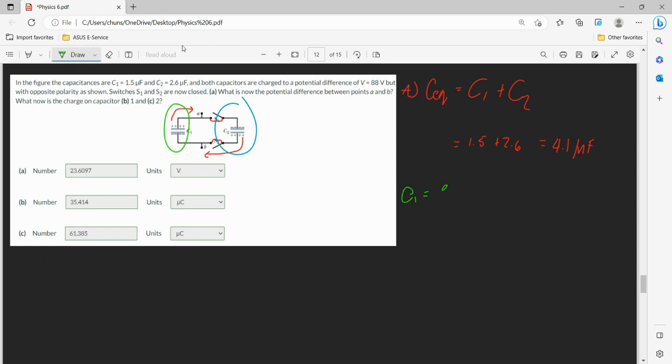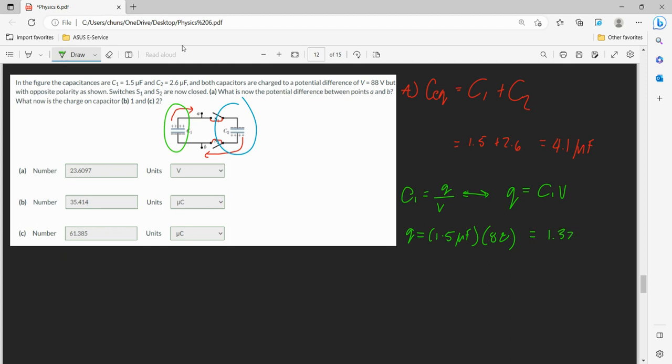So then that makes our Q equal to C1 times our V, potential difference. So our Q is equal to C1, which is 1.5 microfarads times 88. That's 1.5 times 10 to the negative 6 times 88.